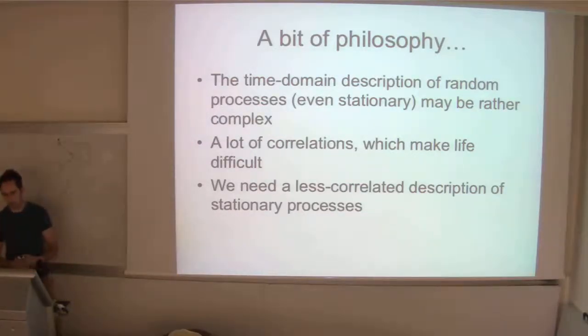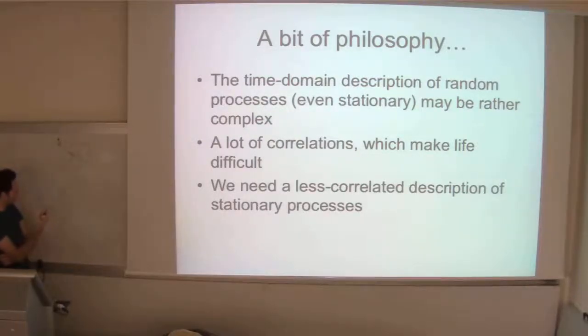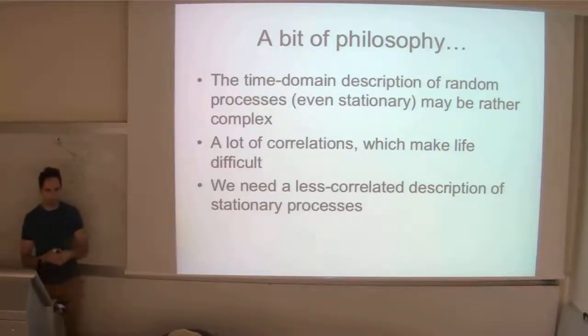But the time domain description of random processes, even the stationary ones that we just talked about, can be really complex, as you saw. There is a lot of different correlation in time, and even if we know the mean and the distribution and the PSD, if we know how to describe the properties of the distribution function in time, it will be very hard to describe the whole process.